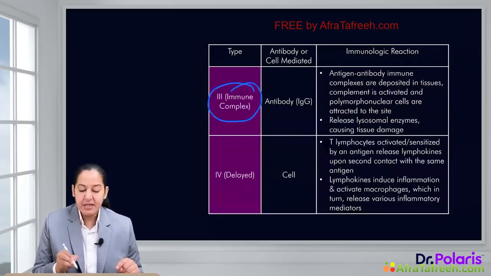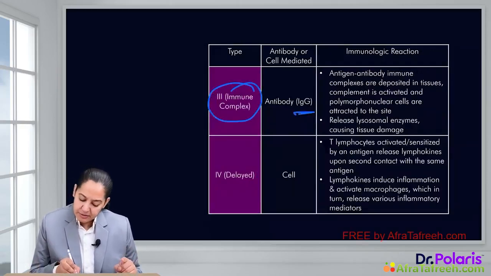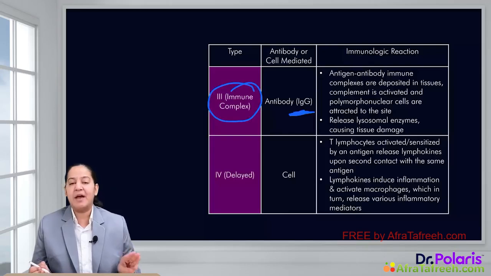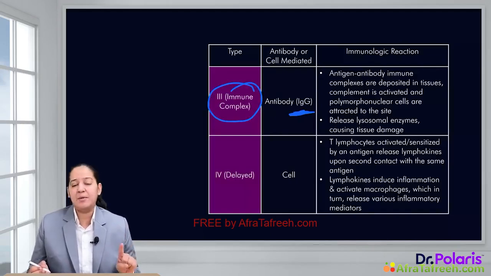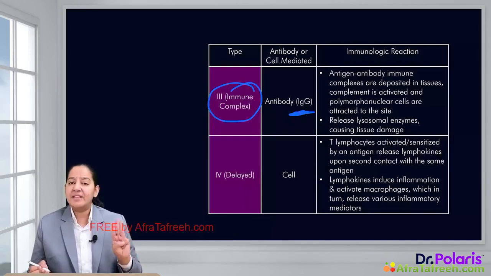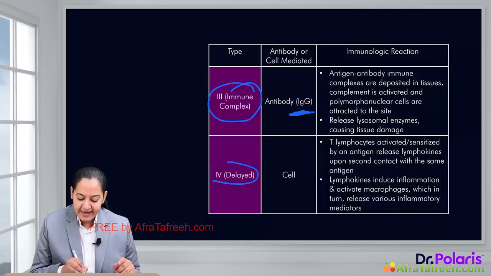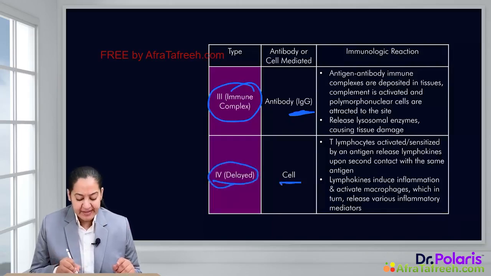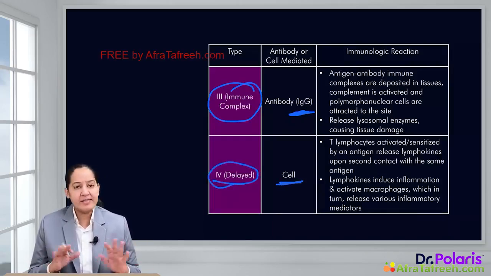Type 3 is immune complex mediated, it is also IgG antibody mediated. That's why the first three types, Type 1, Type 2, Type 3, are all antibody mediated. Although Type 1 is IgE antibody mediated and 2 and 3 are IgG antibody mediated, they are all antibody mediated. That's why they are immediate. But the last one, Type 4, the delayed type of hypersensitivity, is cell mediated. Here antibodies have no role.